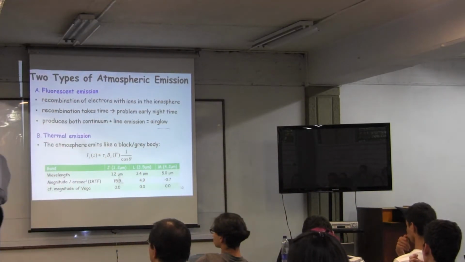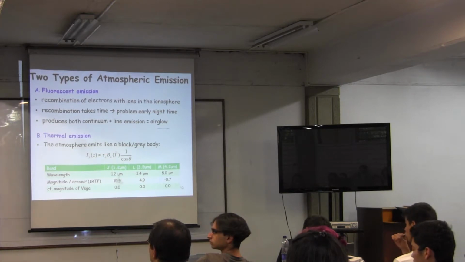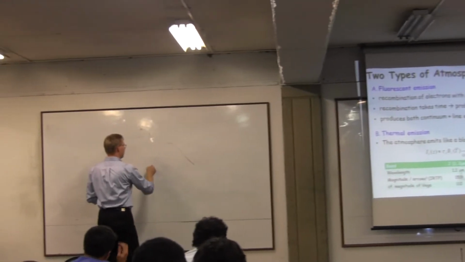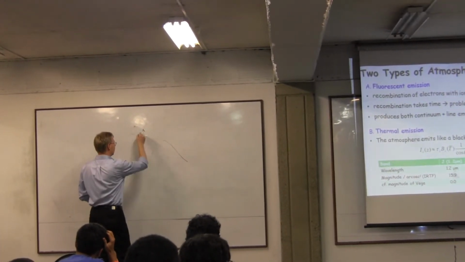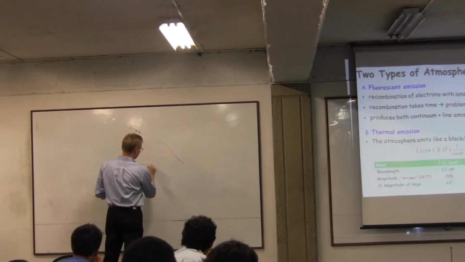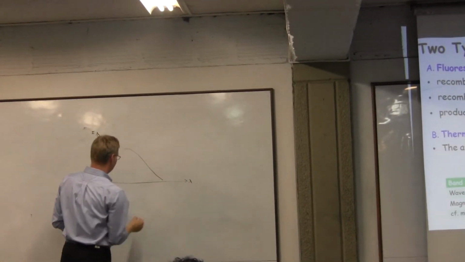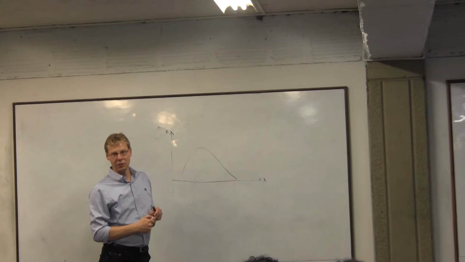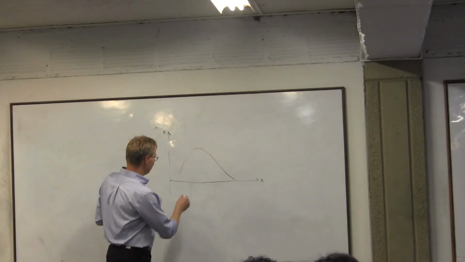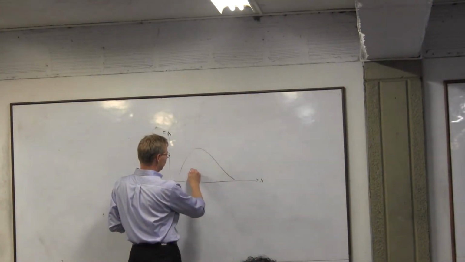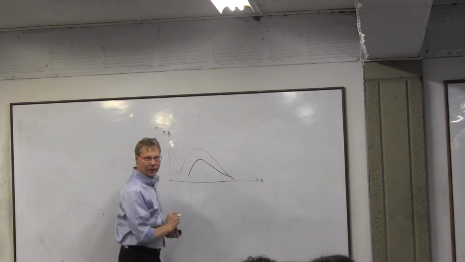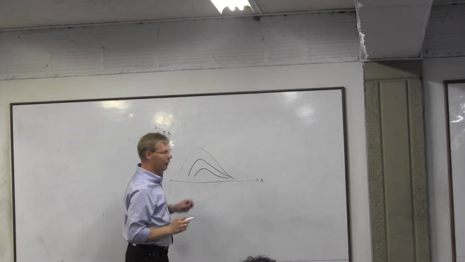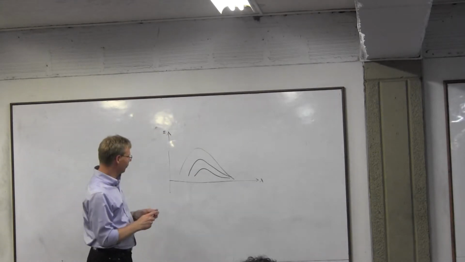The nice thing is if you add black bodies, it still looks like a black body, right? So you might have one black body. Okay, you have the intensity here and the wavelength. Maybe that represents the lower one, and it's warmer. And then you have a fainter one at an upper layer, and then this is even higher up in the atmosphere.